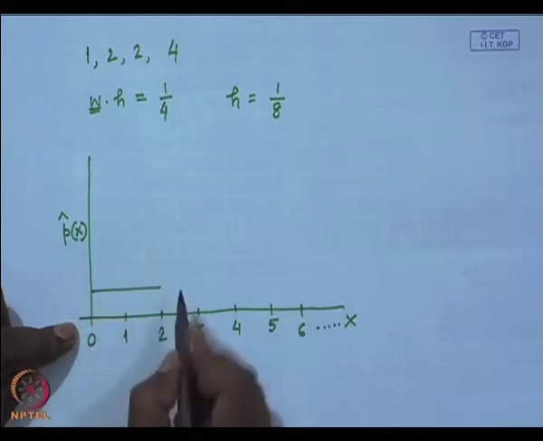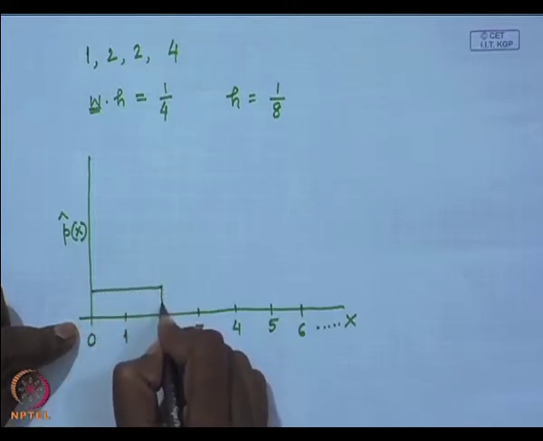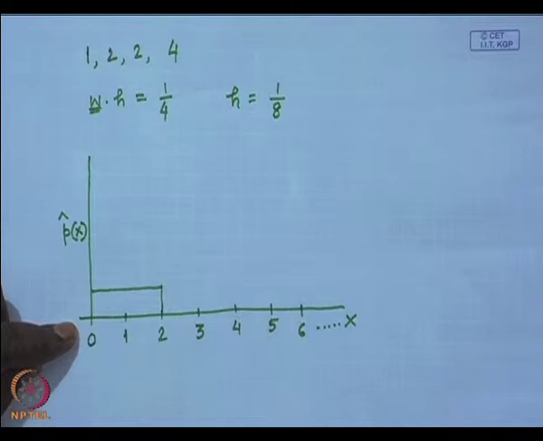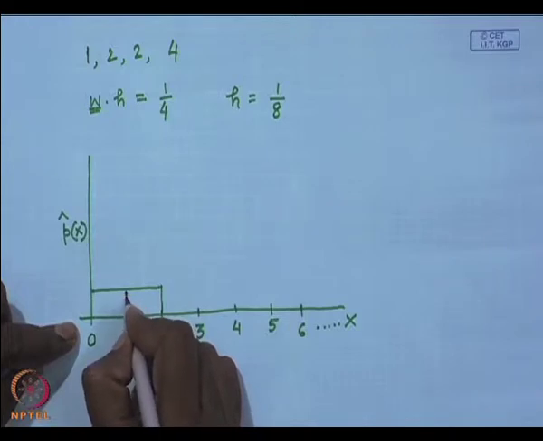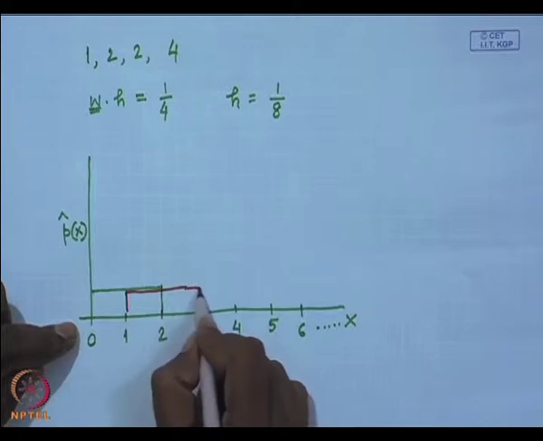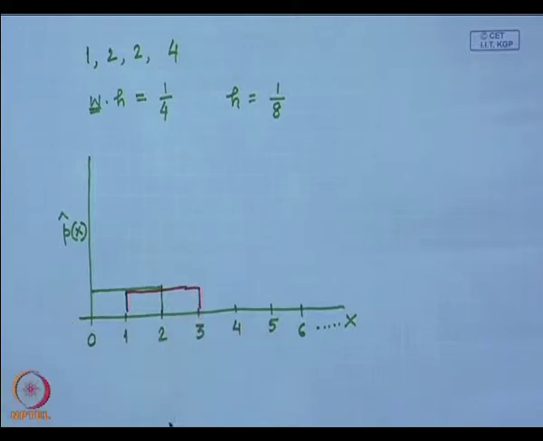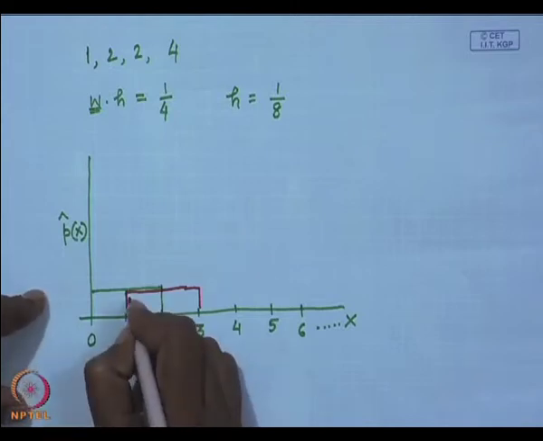So, this window will span from x equal to 0 to x equal to 2. I place two windows of same height and same width at location 2. So, I will have one window and this will span from x equal to 1 to x equal to 3 because width is 2. So, this is one window and this is another window.